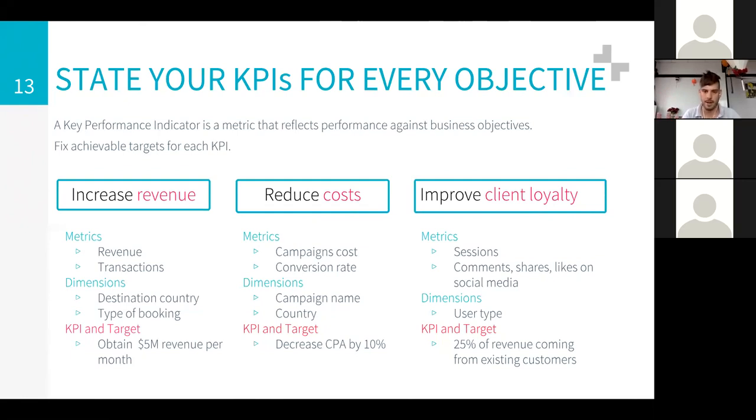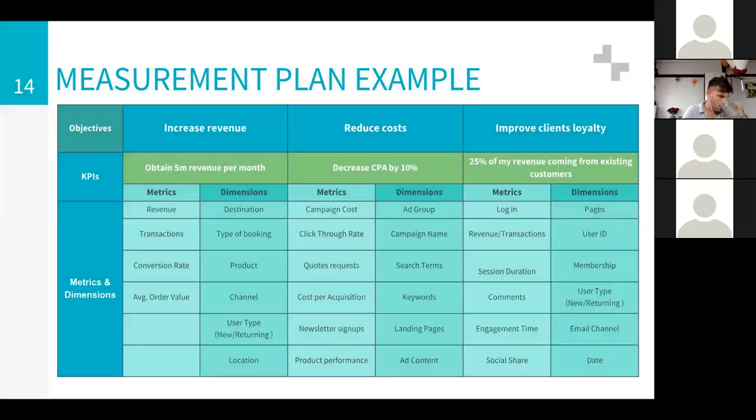So I must have the user type as a dimension, and without it, I will not be able to monitor that. This is not a real case, but it's just to give you an idea that by listing every dimension and metric against your KPI, you will make sure that what you implement in analytics is covering all your needs.